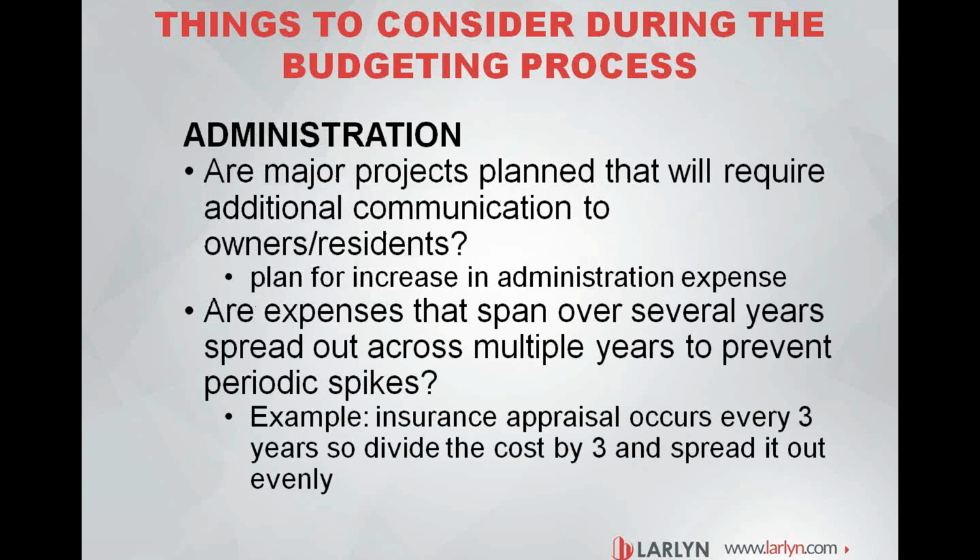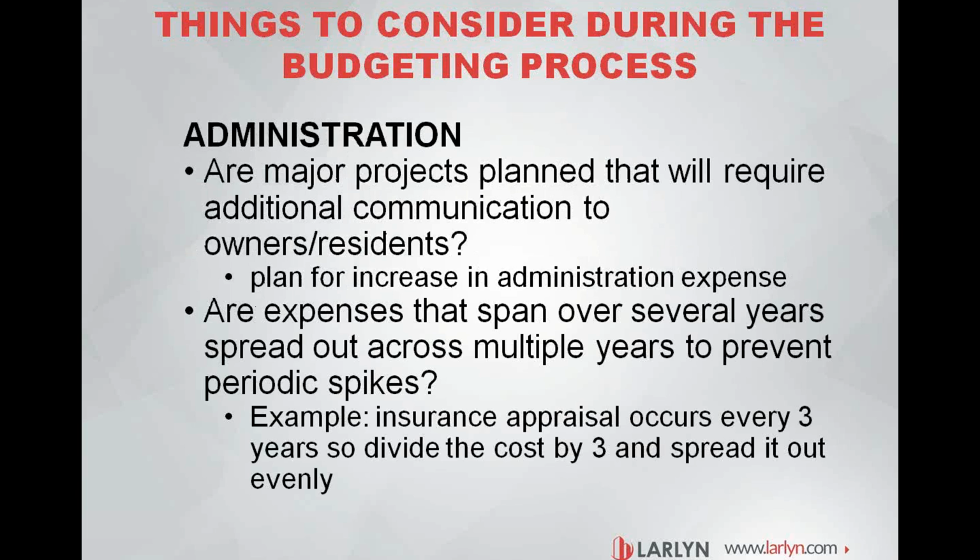Also to consider, are there any expenses that span over several years that can be spread out across multiple years to prevent periodic spikes? A good example of this is an insurance appraisal. This occurs every 3 years, so you could divide the cost by 3 years and spread it out evenly. To get an insurance appraisal on your corporation requires the assessment of someone to come out and identify the current cost to replace your condominium corporation.